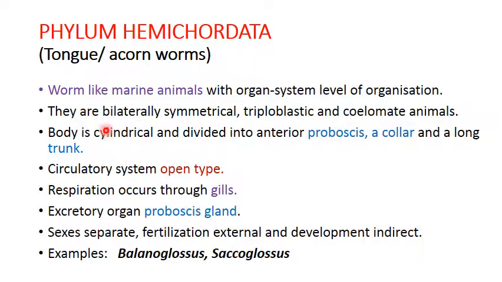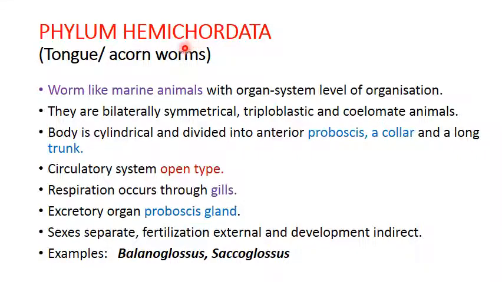Now coming to the last group of invertebrates, that is phylum Hemichordata. Hemichordata were earlier grouped with chordates, because they have a buccal diverticulum, and they thought that this buccal diverticulum has a rod-shaped structure in the anterior end, which is a notochord. The notochord is one of the diagnostic features, one of the main features of chordates, which distinguishes a chordate from a non-chordate.